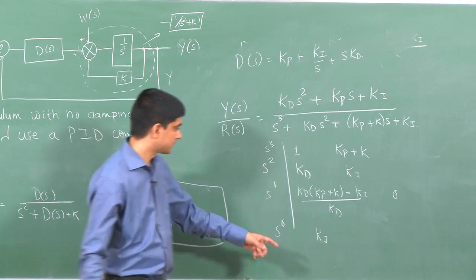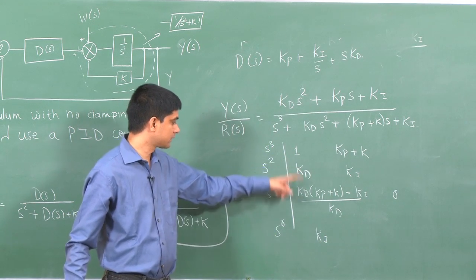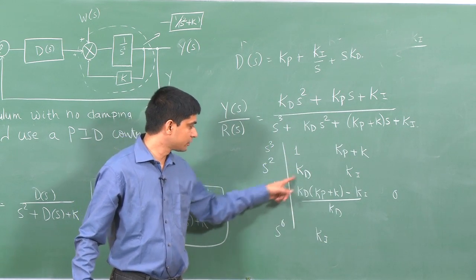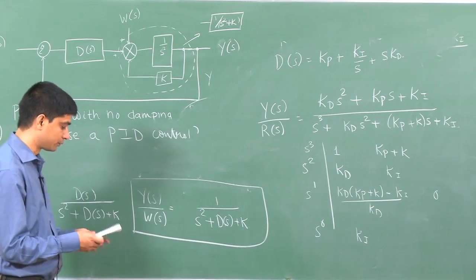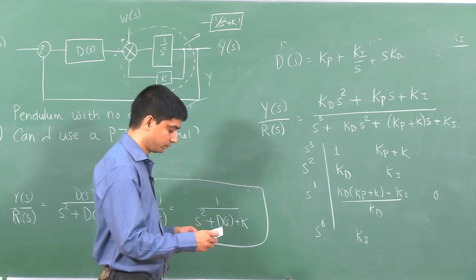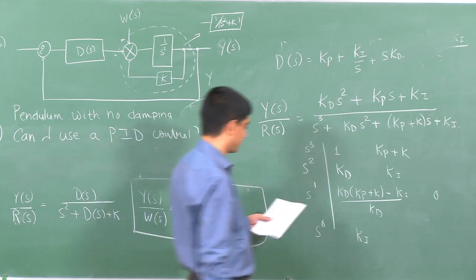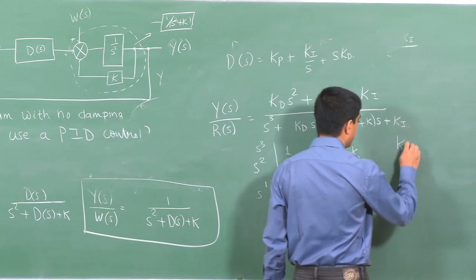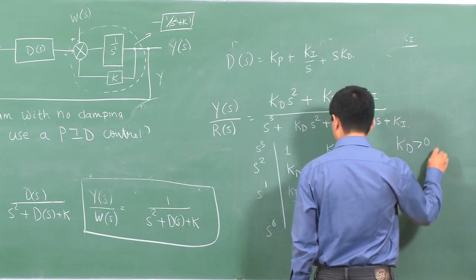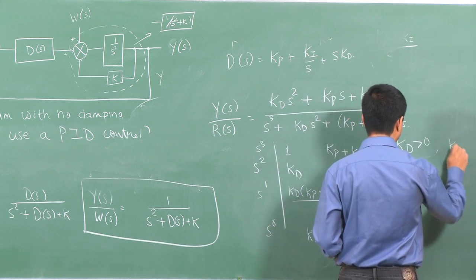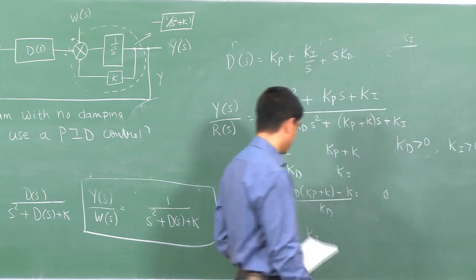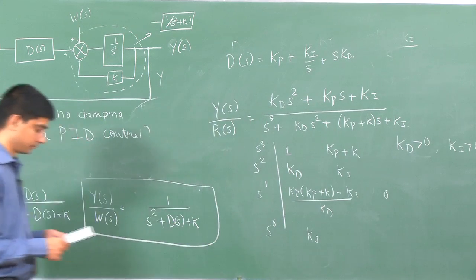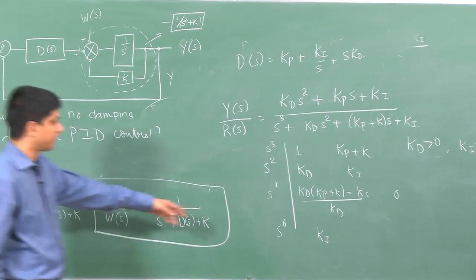Okay. Now, this is positive, this is positive, this is positive, and I can choose my Kp and Kd such that this is true. So, this is stable for Kd greater than 0 and Ki greater than 0. Of course, Kp is always greater than 0. So, this is very, very straightforward to find out.